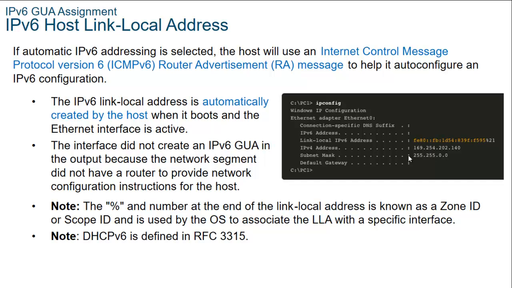The IPv6 link local address is automatically created by the host when it boots and the Ethernet interface is active. The interface did not create an IPv6 GUA in the output because the network segment did not have a router to provide network configuration instructions for the host. So the first thing it has is just the link local address, like this.